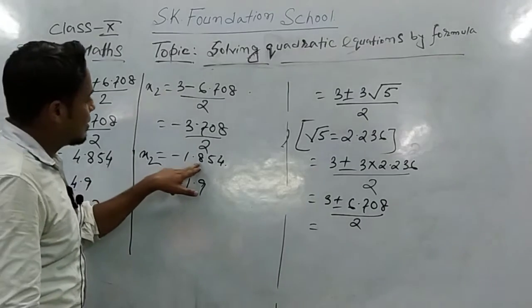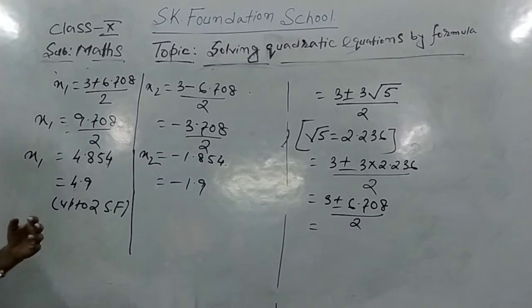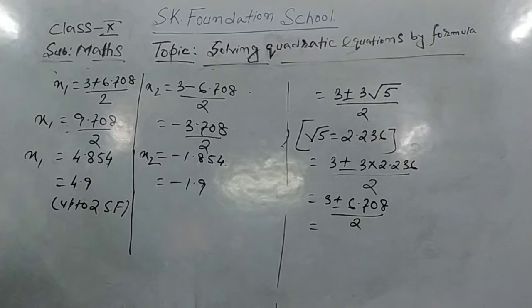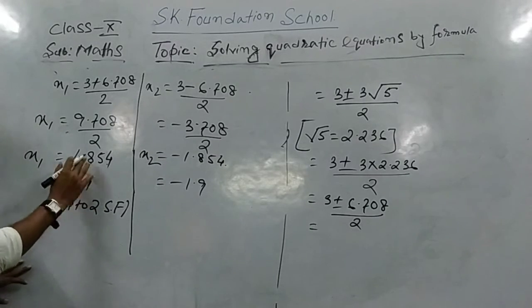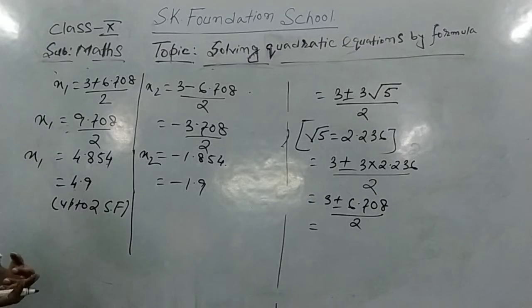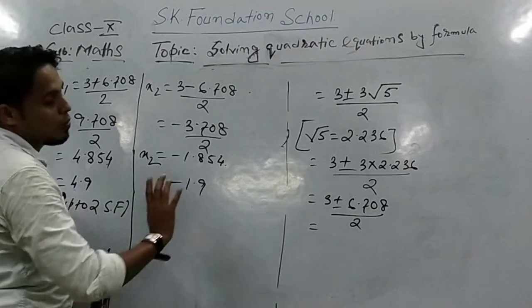Same reason here, this digit is 8, which is 5 or more, so the previous digit changes to the next one, that is 9. Clear? Suppose it contains 4, then we would write 4.3. So less than 5 means we keep the previous number, and 5 or more than 5 means we move to the next number. This is the meaning of significant figures. So we get two values, x1 equals 4.9 and x2 equals minus 1.9. Clear?